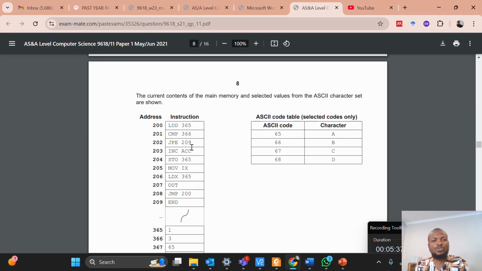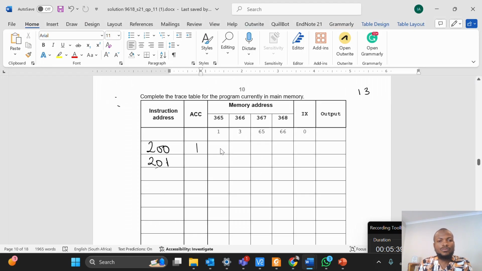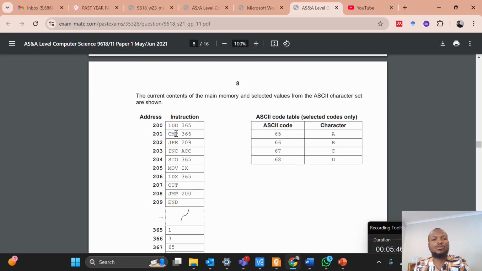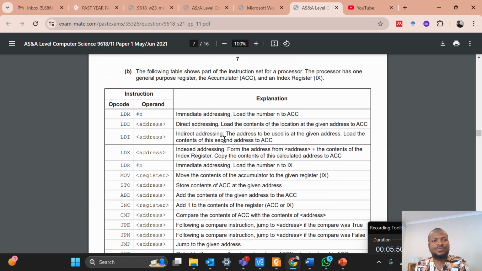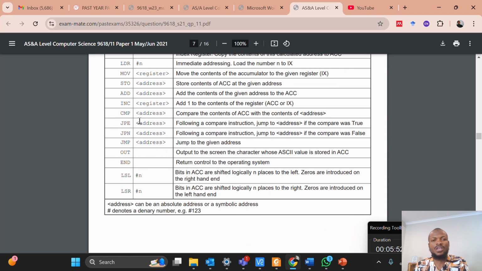So let's go to the next one, 202. Why is it that I didn't write anything in 201? Because it's just comparing. Is that understood? So 202, JPE 209. If you don't know what it is, go to the table and check for JPE address. What is JPE address?